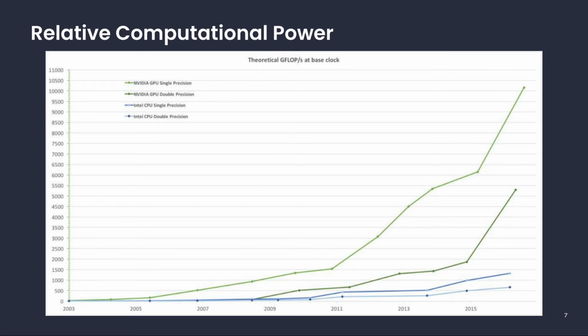CUDA only works on NVIDIA GPU. So you can see how much of a performance gap there is between simple Intel CPUs, which are below here, and the NVIDIA GPUs. So the point is pretty clear.